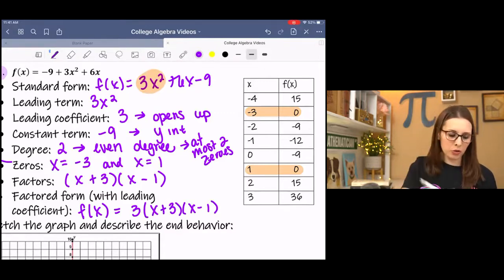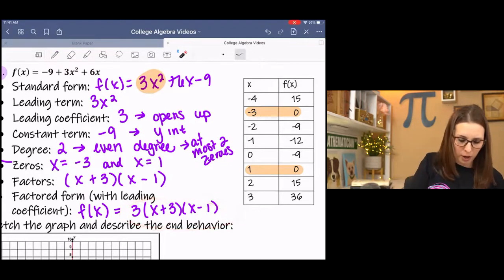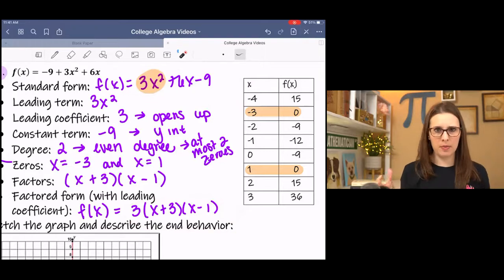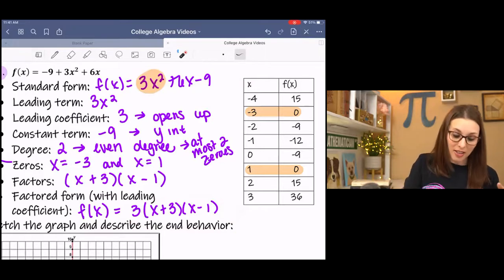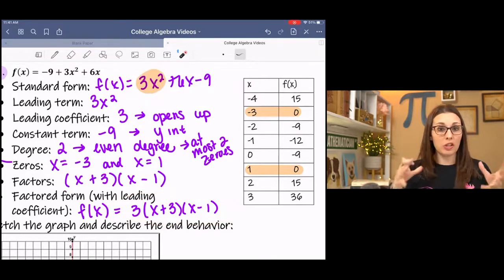And you might be wondering, how in the world did she get here from here? How are those the same? They're not the same, but they are. This is standard form, this is factored form. So they are equal, they just look different.